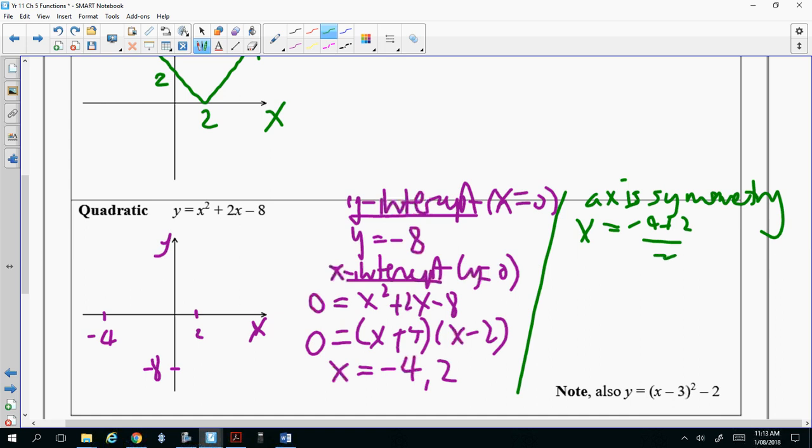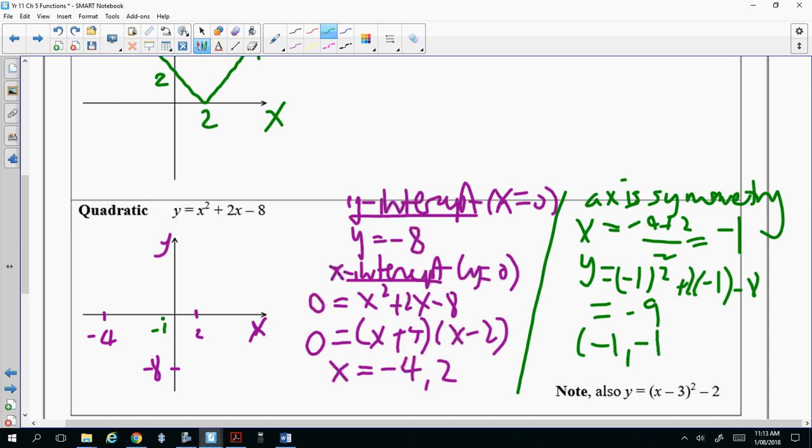And at -1, we can substitute -1 back into the formula to get what we call the vertex. And you should get -9. So that's your vertex, and then you get the point P, which is your vertex.